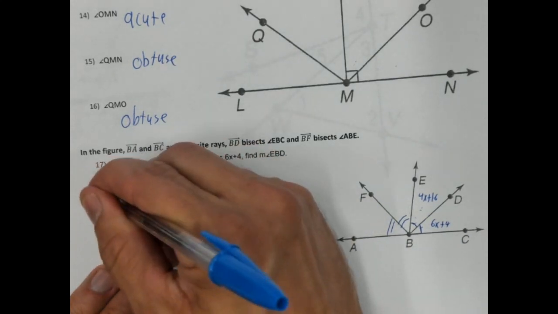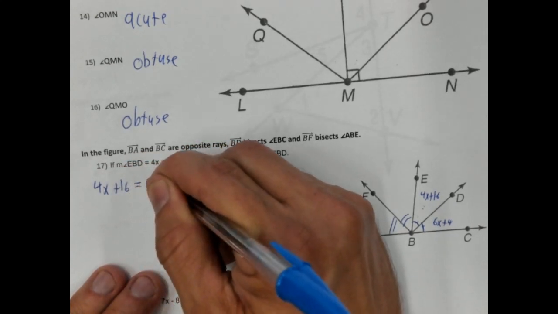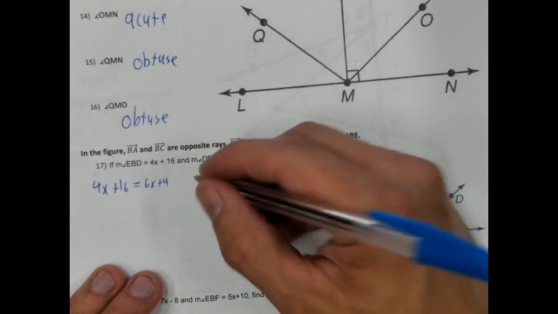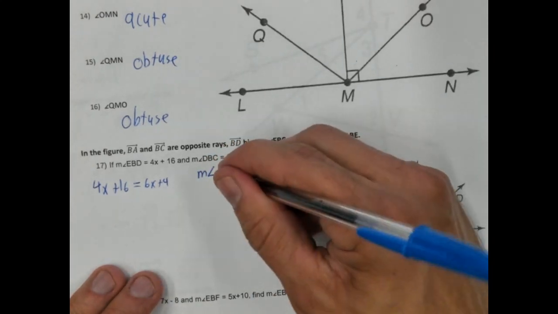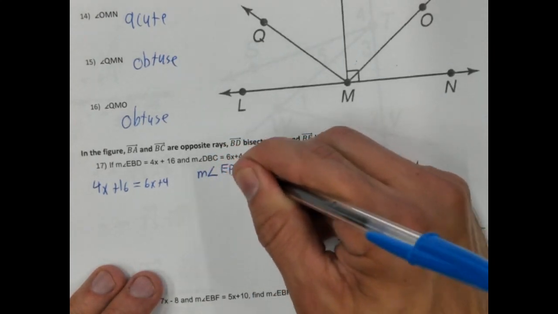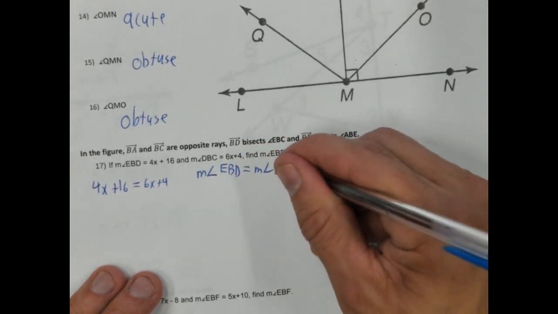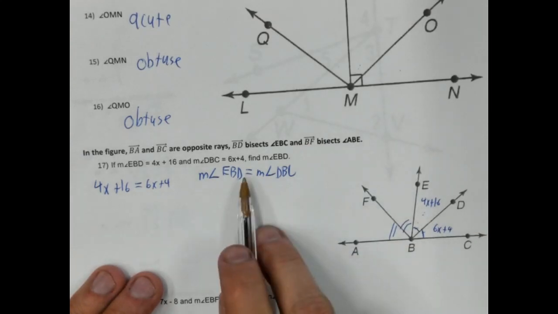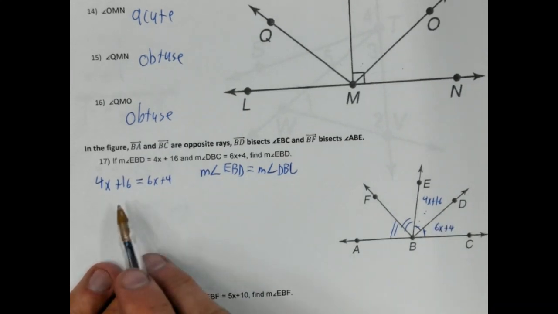So we're going to say 4x plus 16 equals 6x plus 4. And I can say that because I know that the measure of angle EBD is equal to the measure of angle DBC. I should have written that first, to be honest. So we know this because this is bisecting the larger angle, therefore these two angles have to be congruent. That's what allows us to do this.